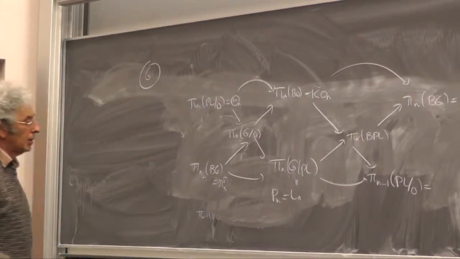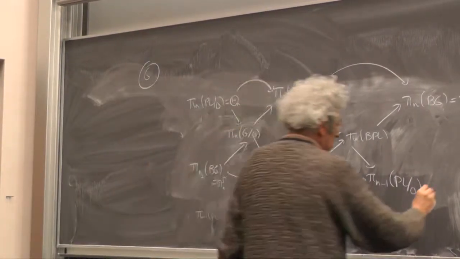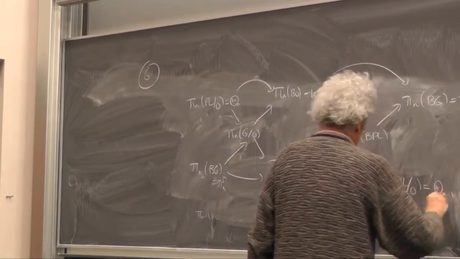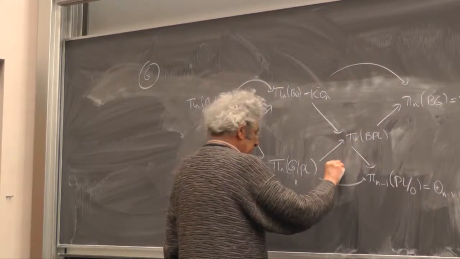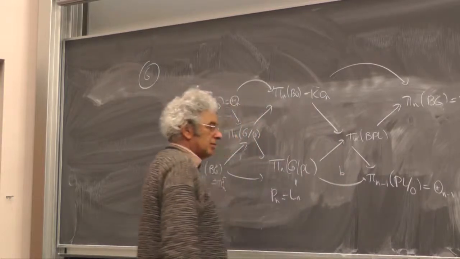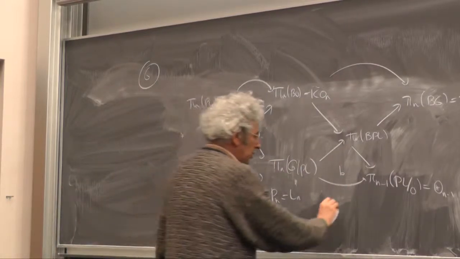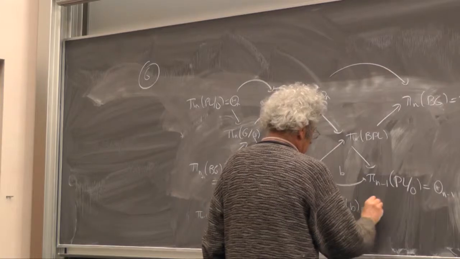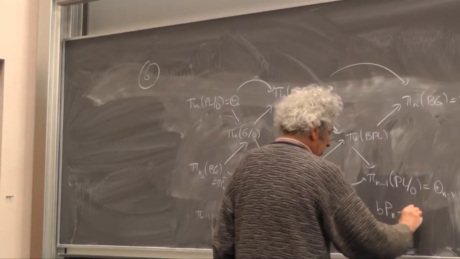Now, in what sense, what is the map here? This is the map called B. And the image of B is called bP_n.